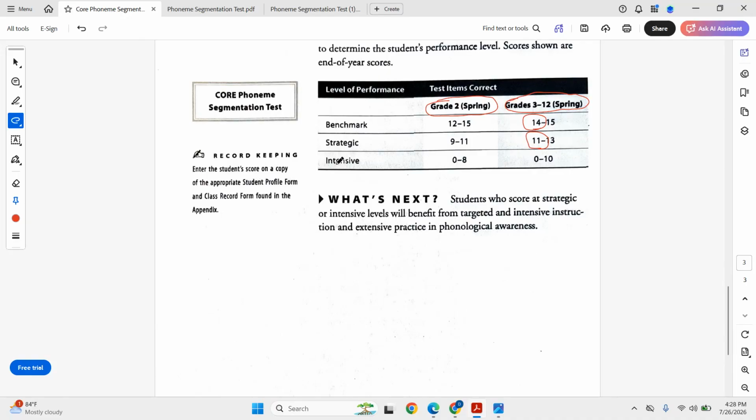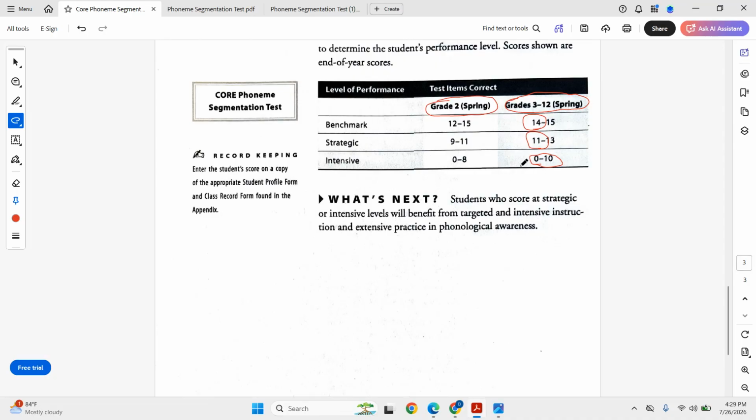Therefore, we know our student will be at the intensive level because he got 0 to 10 items correct, and he got 6 items correct. So our student is at the intensive level, not at the benchmark where we want him to be.